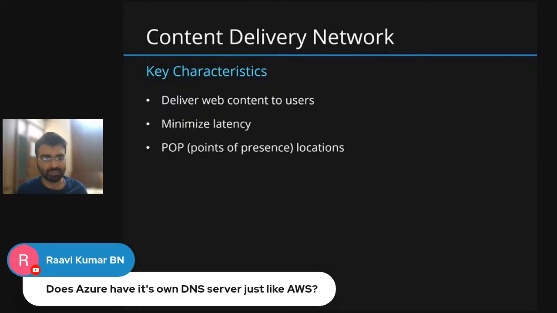So for example, I want to open facebook.com. So there is a DNS resolver. The DNS resolver will check whether this IP address matches with facebook.com or not. And then the request keeps checking like a telephone directory.